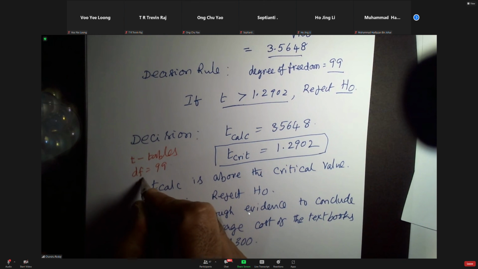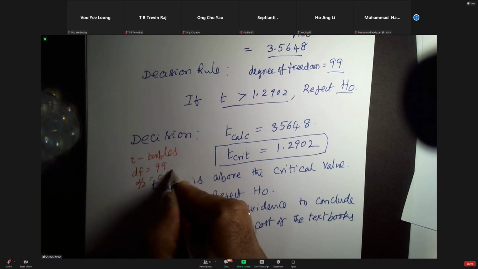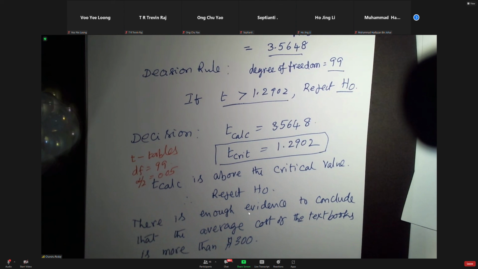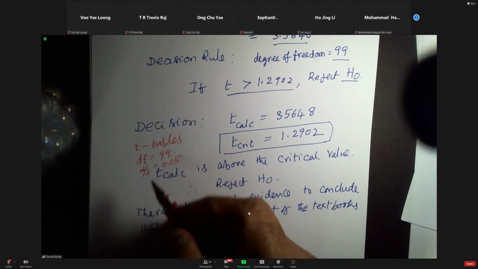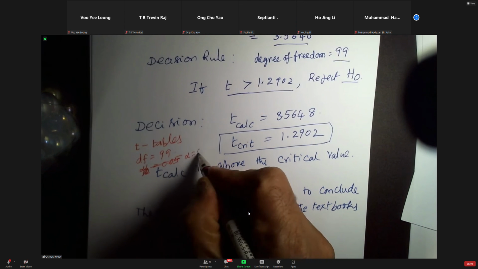Alpha over 2 for two tails is 0.05. Okay, alpha is given as 0.10.